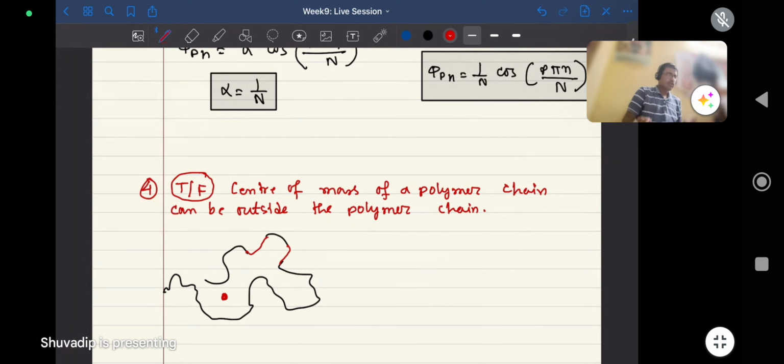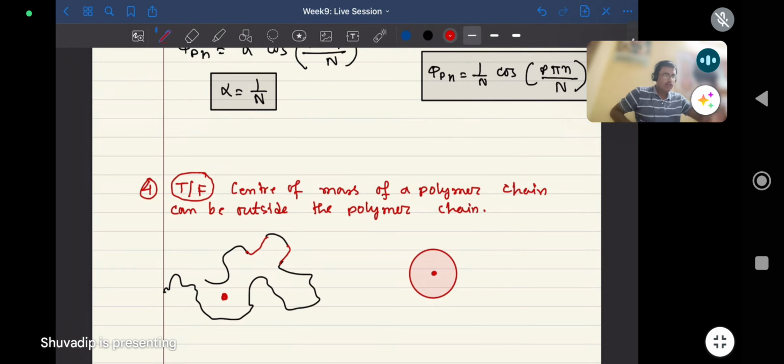One good example of this: if you want to calculate the position of the center of mass of a circular ring, it is exactly this point, the center of the circle. So this is outside the actual object. The center of mass is not situated on the object, it is at the center of the circle.